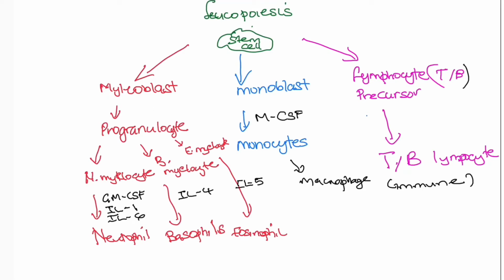Basophil has just one growth factor involved in its differentiation into its mature cell, which is interleukin 4. Of note for your eosinophils, it's interleukin 5. All right. So B comes before E. So 4, 5. And just know that for your neutrophils it's 1 and 6.